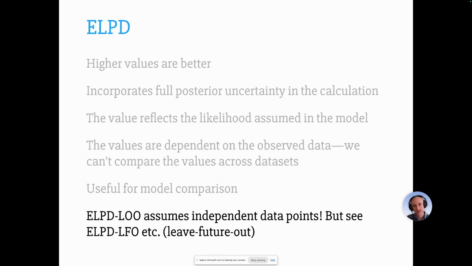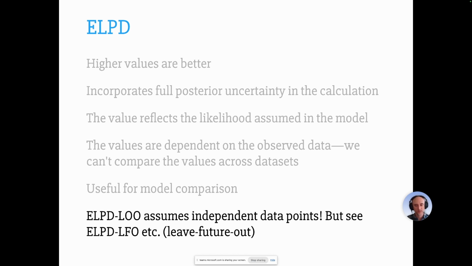And one major caveat is that the ELPD, leave one out, assumes independence in the data points. So that is broken if you have, say, spatial correlation or temporal correlation. Sometimes people do it anyway, but it is breaking an assumption that the data points are independent.